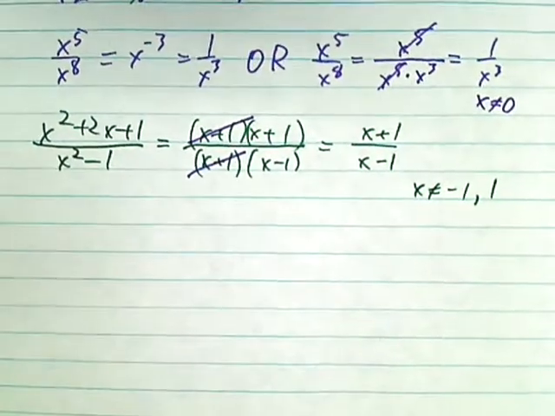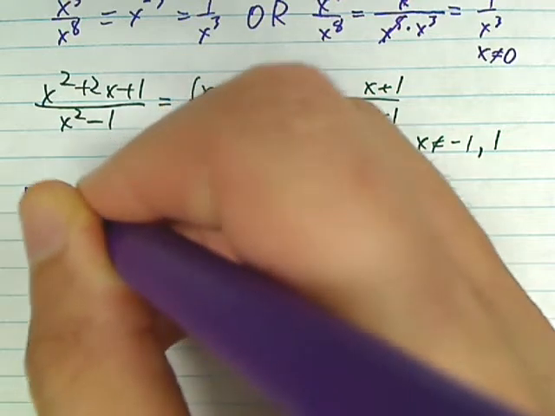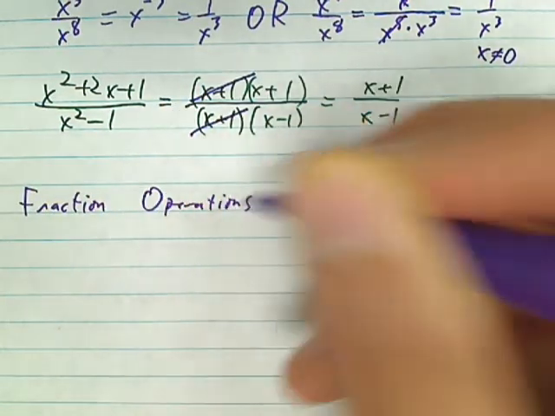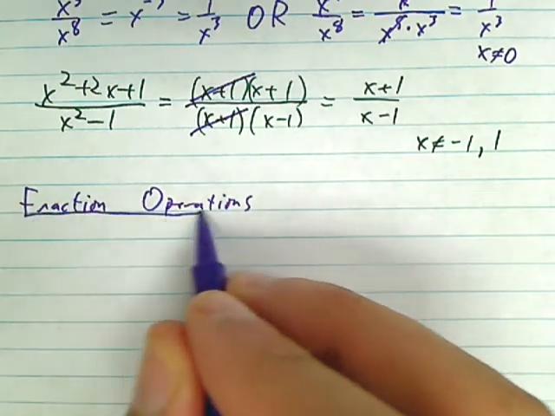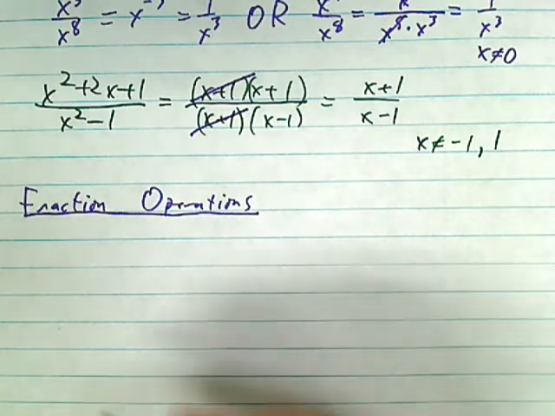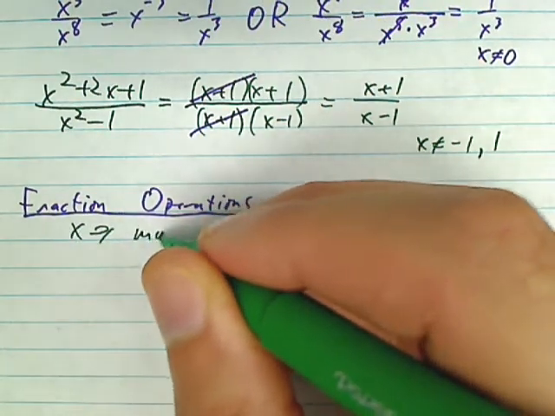On a final note, I just want to note a couple of fraction operations. When you multiply fractions, you multiply straight across.